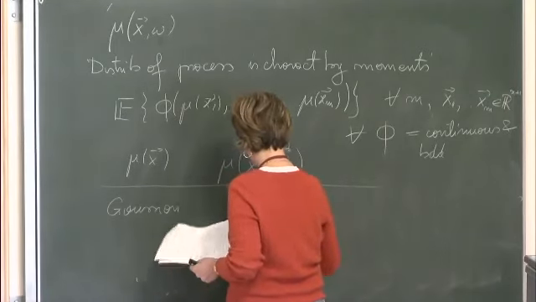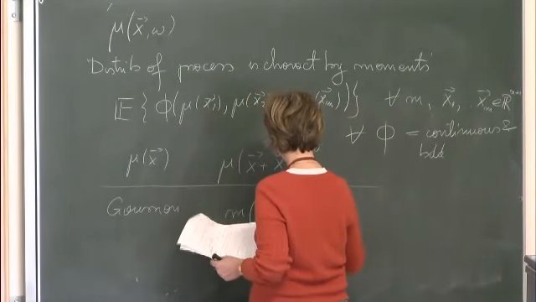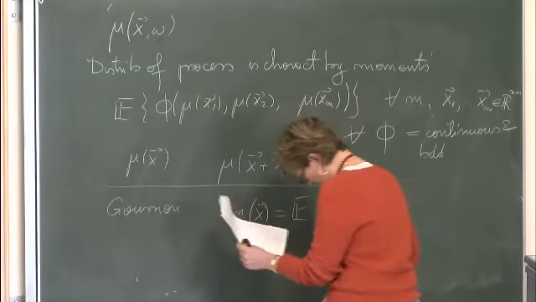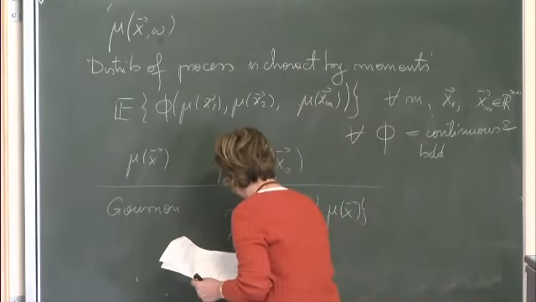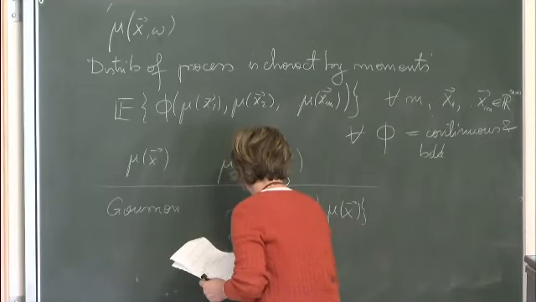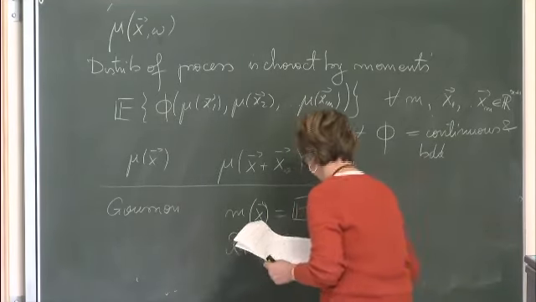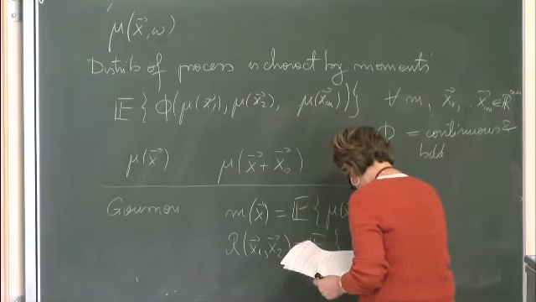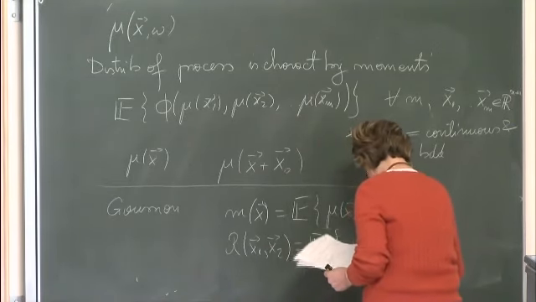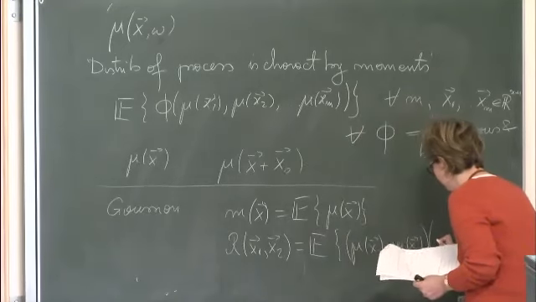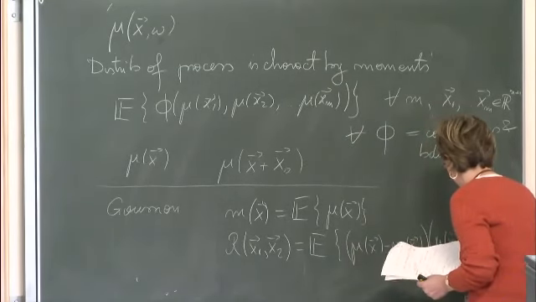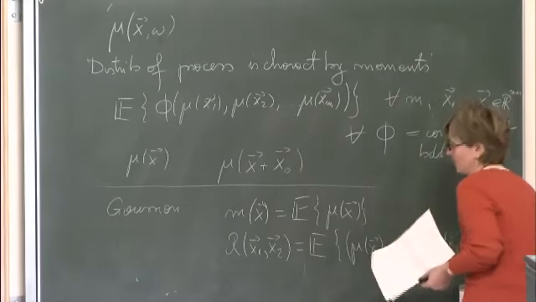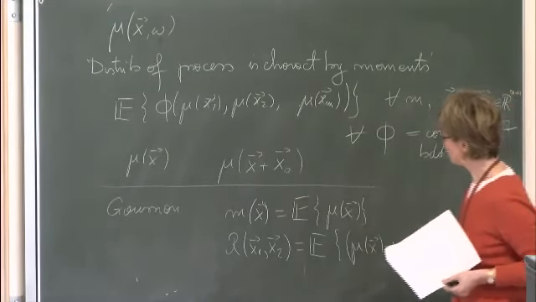So all you need to know is the mean and the correlation. So this is a Gaussian process.